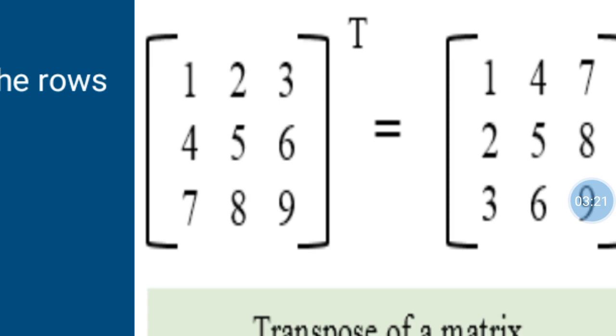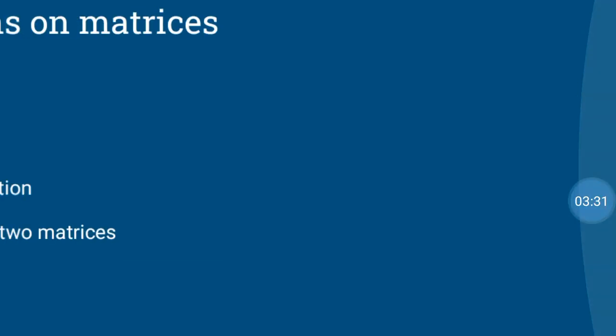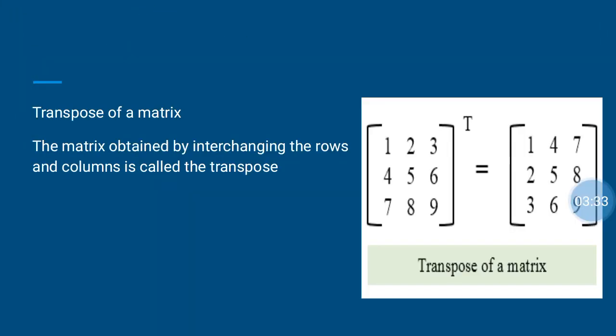First row becomes first column. Second row 4, 5, 6 will become second column, and third row will become third column. So when the rows are converted into columns, that is, by interchanging the rows and columns, the transpose of a matrix can be obtained.